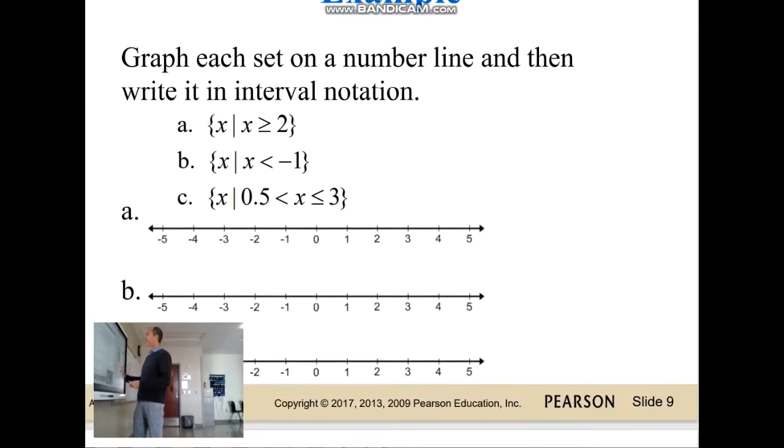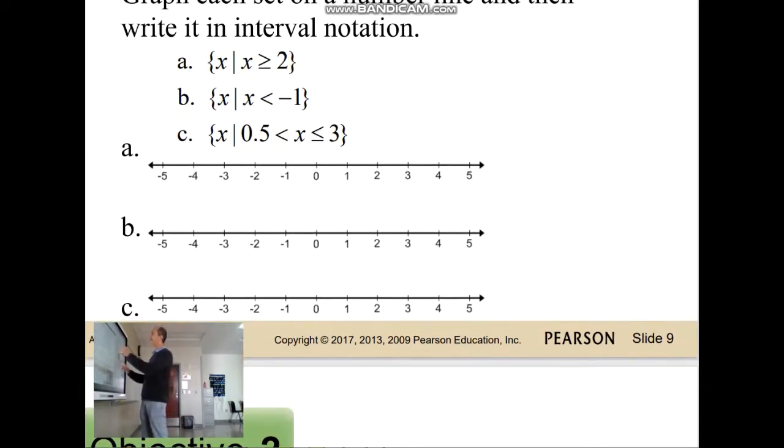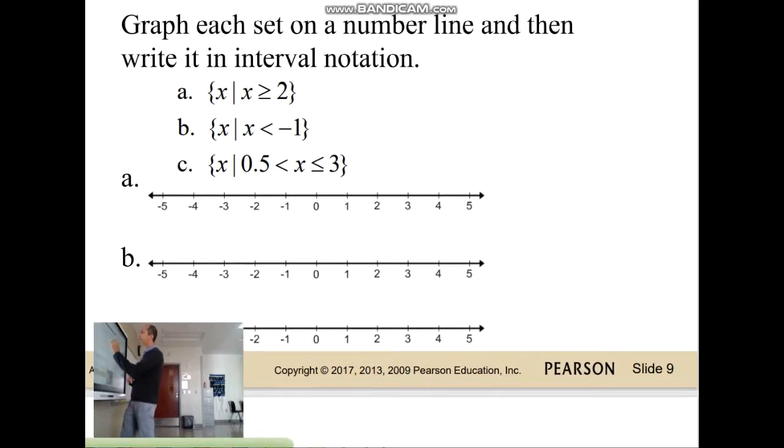A few examples. Graph each set on a number line and then write interval notation. So the first one, letter A: x is greater than or equal to 2. Find number 2 here. Number 2 is included. That means we will use brackets.